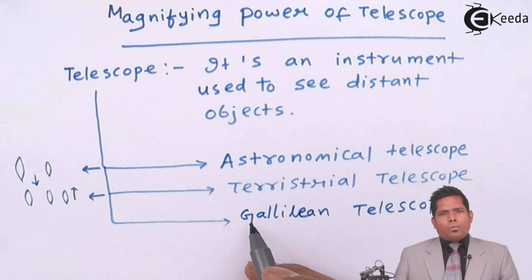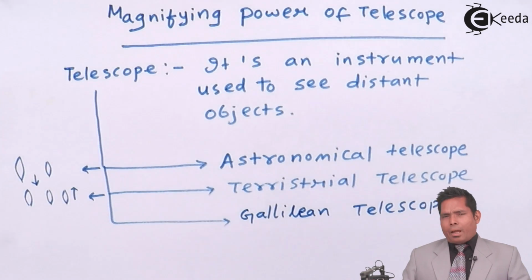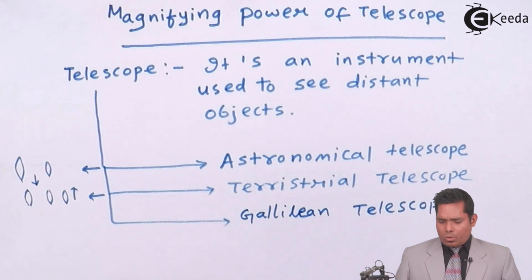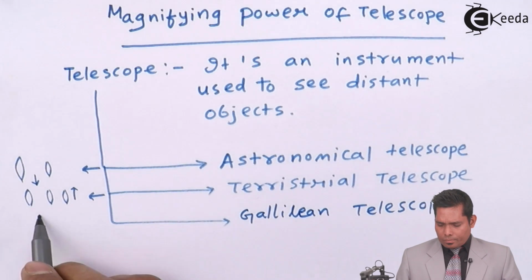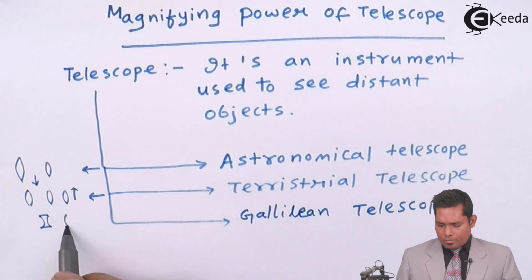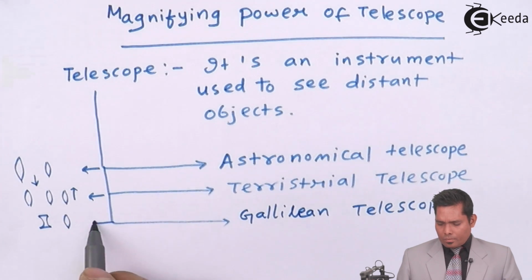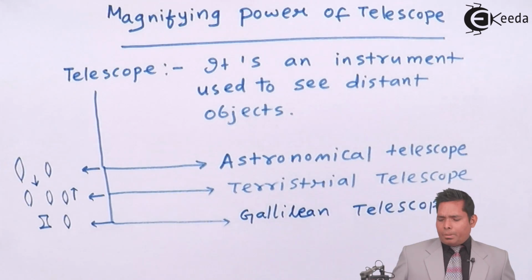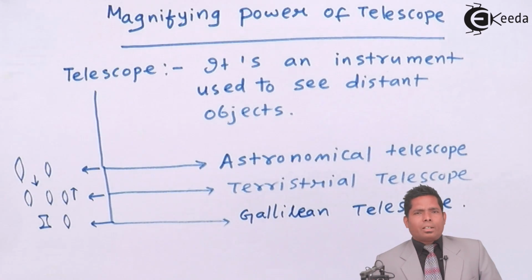Here, one convex lens and one concave lens is used. Our focus will be only on astronomical telescope.